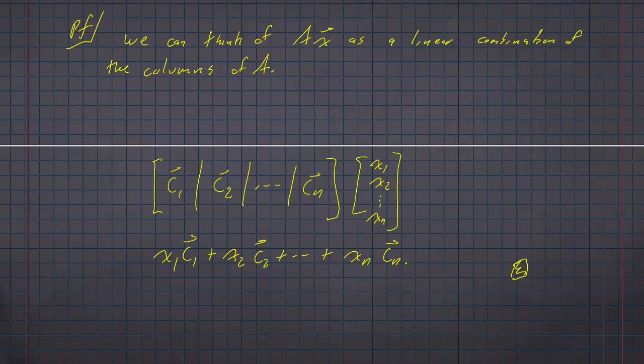And since we have the equation saying that this is equal to B, then this can only be equal to B if B can be written as a linear combination of column vectors, if B is actually an element of the column space. So that's why we care about the column space of a matrix.